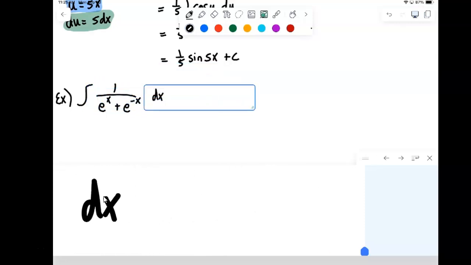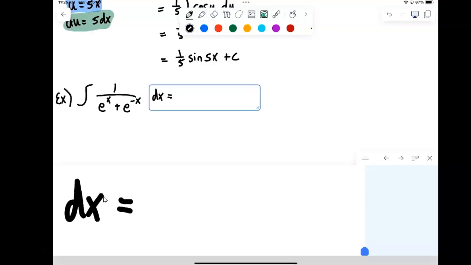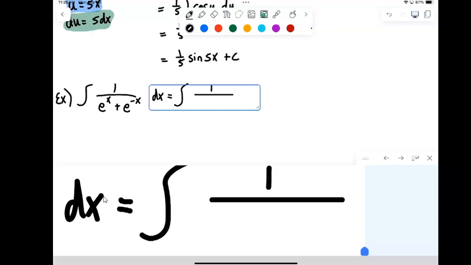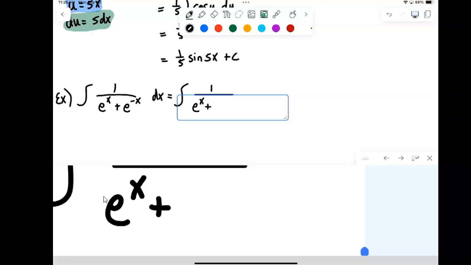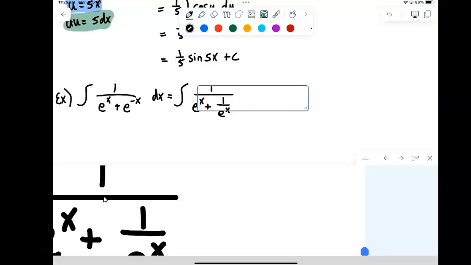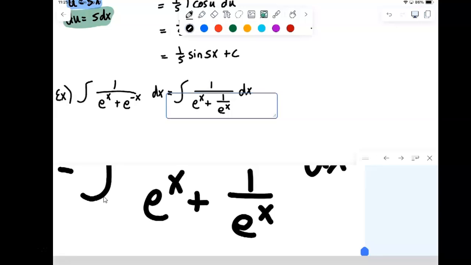So what I realize here, or what I try to do here, is first I have an e to the minus x there. Remember, when you have something to a minus power, that means it's going to really be in the bottom. So this is really e to the x plus 1 over e to the x plus 1 over e to the x.